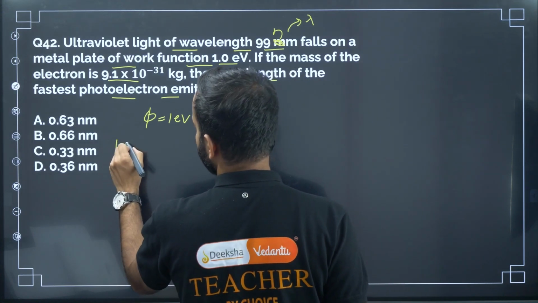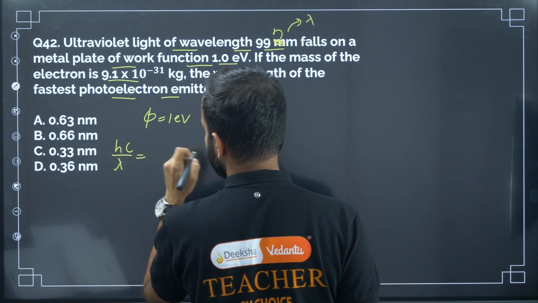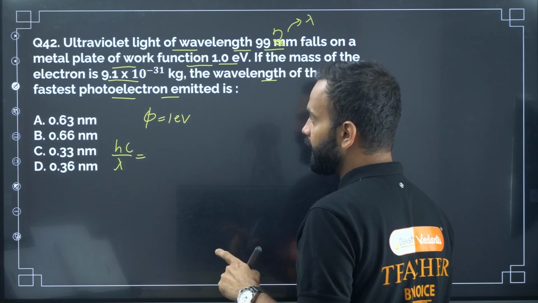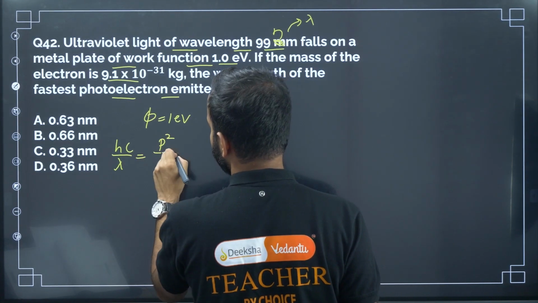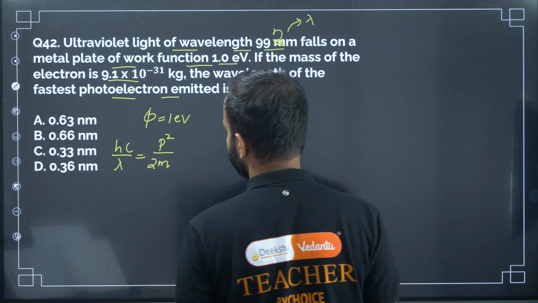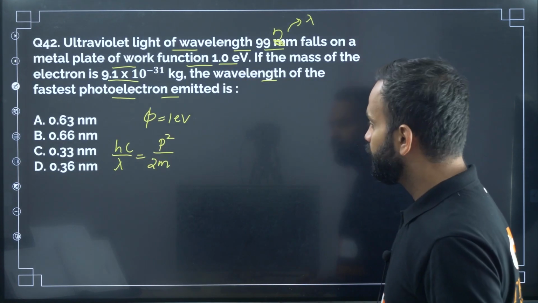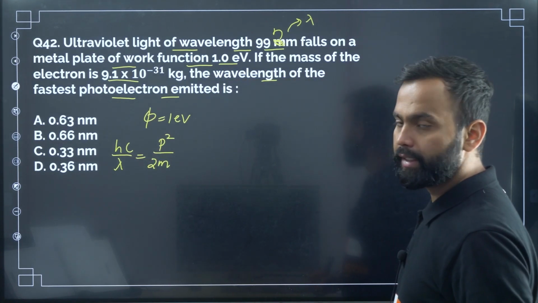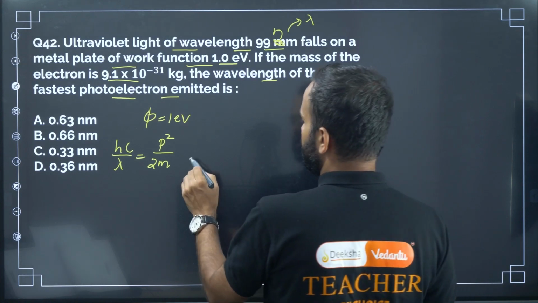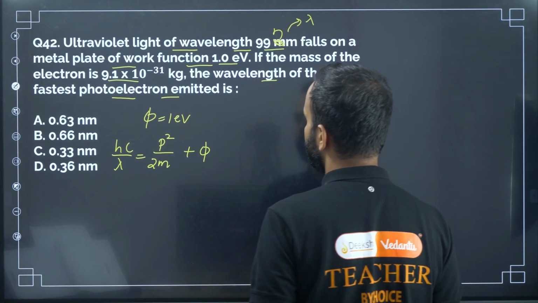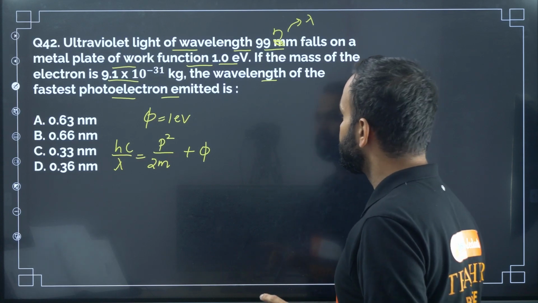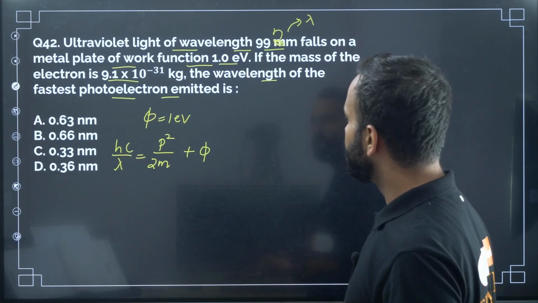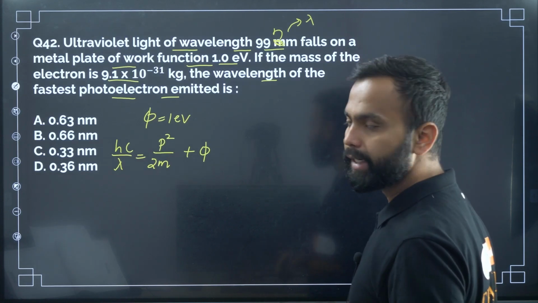Energy of the incident photon, that is hc by lambda, is equal to the maximum kinetic energy of the photoelectron, that is p square divided by 2m, plus the work function of the metal, phi. So we need to find the lambda of the photoelectron.